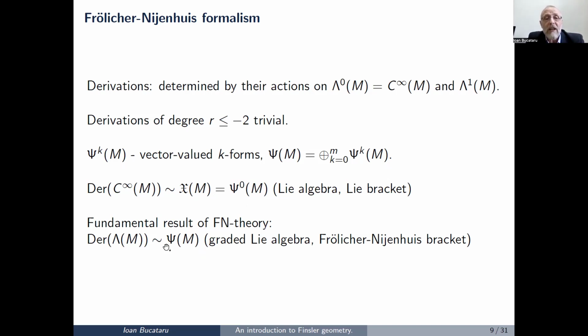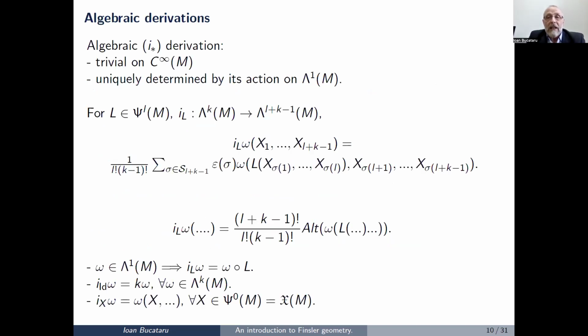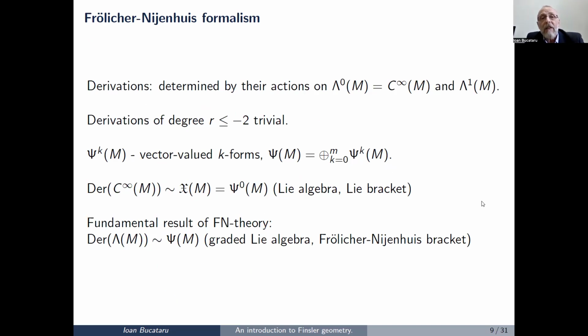What I will try to explain next is how to associate to a derivation on forms a vector-valued form. And the commutator here will correspond to what is known as the Frölicher-Nijenhuis bracket of two vector-valued forms.